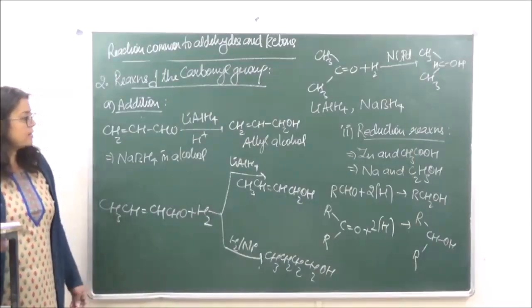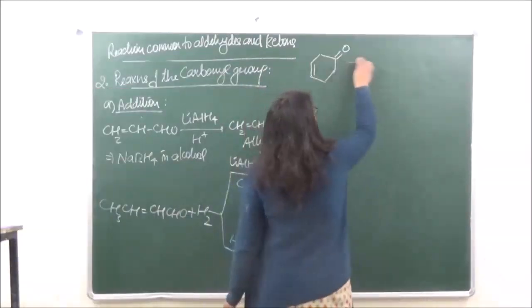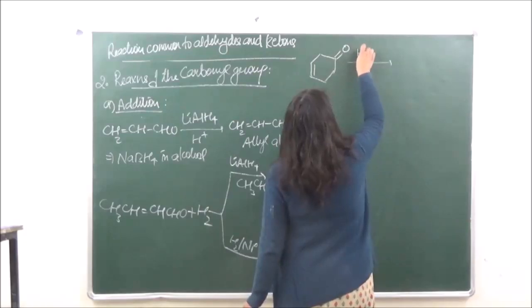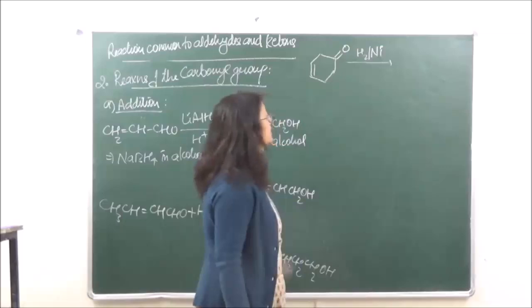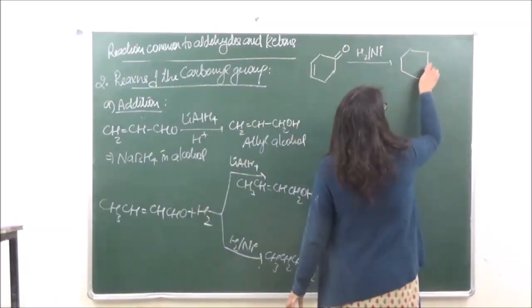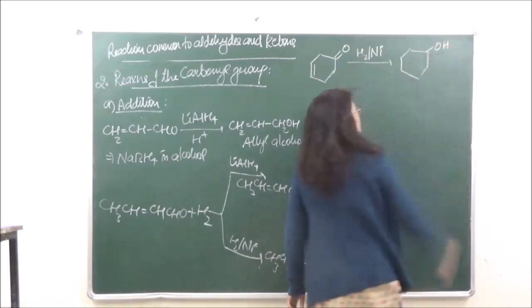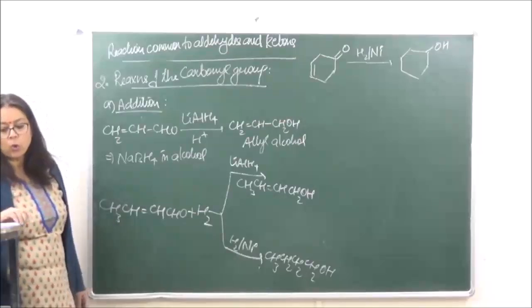Is it clear? And if we are taking a cyclic compound over here, and we are using hydrogen and nickel, the double bond will also be reduced, such that the product which we are going to get is cyclohexanol.